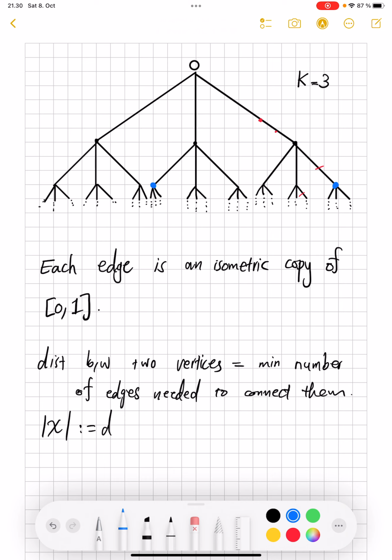So here you really have to actually go back to the root and then come back this way. So distance of the two blues here will be 4. Whereas if I have this one here and say this one here, the distance will be 1, 2, 3 between these two. So putting this data together, you can now talk about the distance of any pair of points, whether they are on the edges or the vertices.